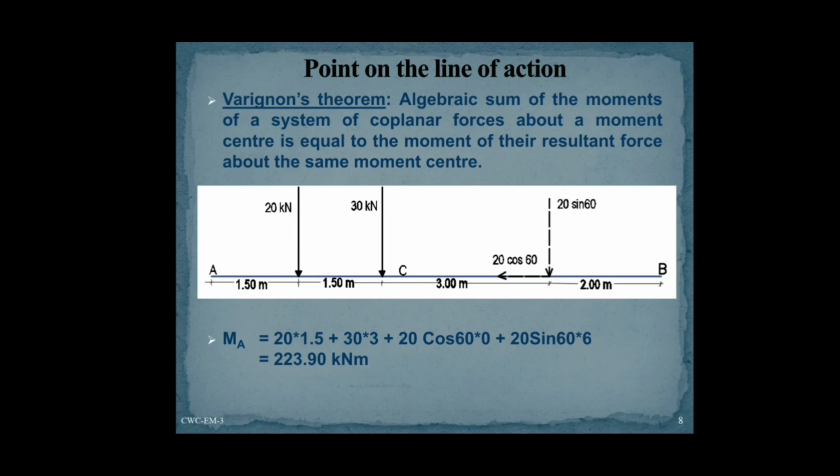On calculation we will get a moment of 223.90 kilonewton meter. Now we can substitute this value in the earlier equation for x, that is x equal to MA by Ry. We will get a value of 3.33 meter as x.